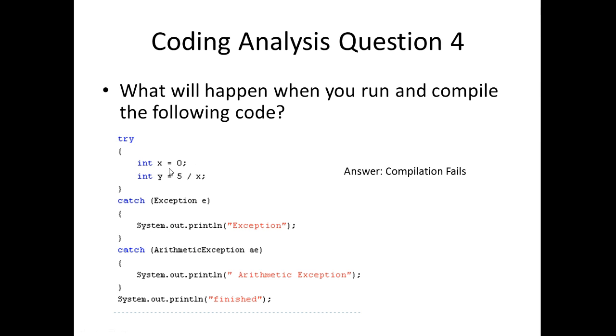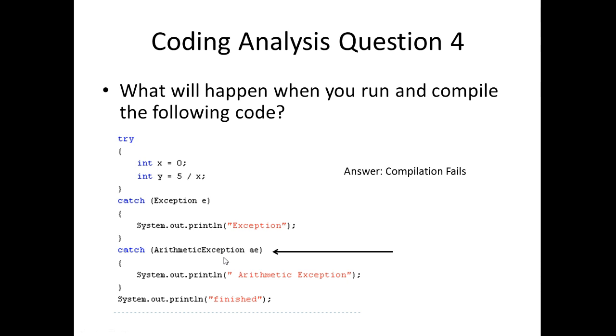So if anything goes wrong here, it's going to be caught by this catch block. And this arithmetic exception is going to produce a compilation error, because this exception will never be reached. Simply because this exception catches this exception, there's literally no way that this code can be reached, because this exception E is going to catch it before it even gets here.